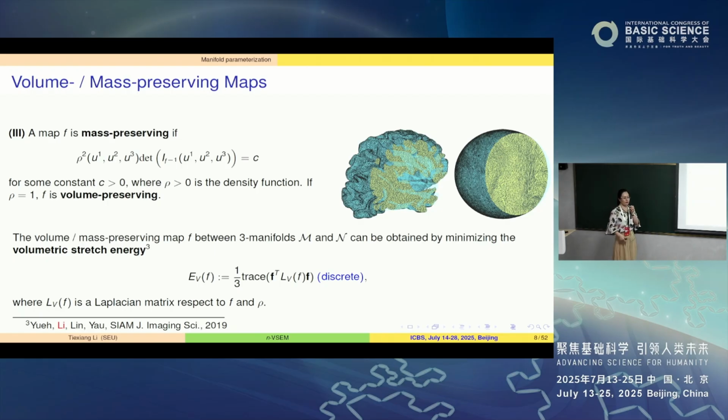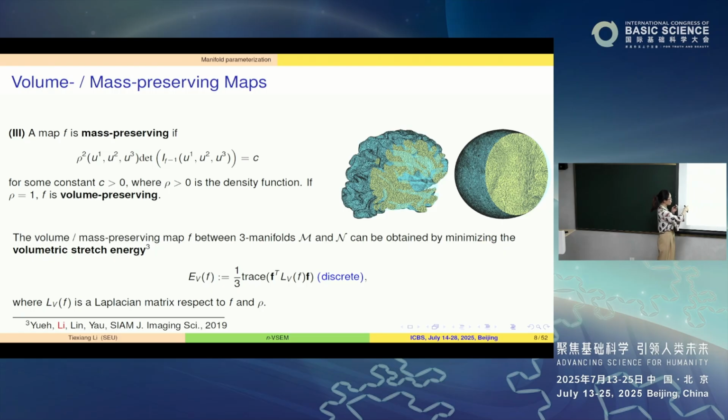Furthermore, we generalize the energy concept to volume or mass preserving. The volume and mass preserving map between the 3D manifolds M and N can be obtained by minimizing the volumetric structure energy.